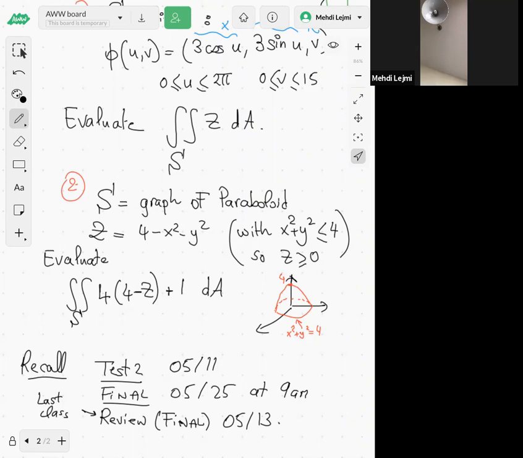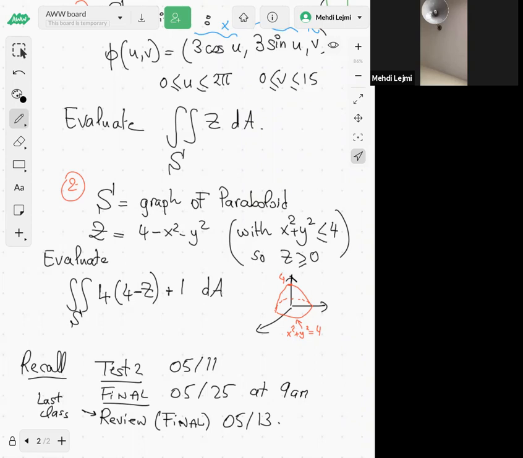Differential forms are in your, for example, area element or volume element or length element. They are just differential forms. So I'm going to talk a little bit about differential forms, and if we still have time, I'm going to talk about some applications of what we are doing now, the parameterization of surfaces. I'm going to talk about the curvature of a surface.